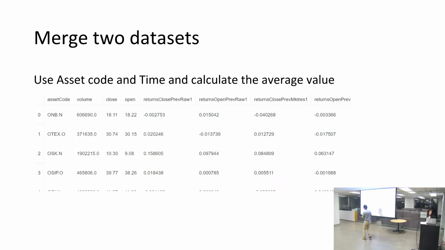So we will gather all the parameters from the market side, but in the news data, since one asset code may have multiple news items related to that company on a single day, for those numerical variables we will just take the average of those values and then merge to one single asset code, single day, on a daily basis.